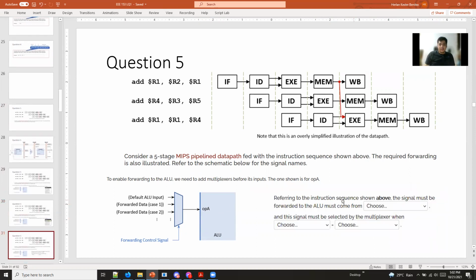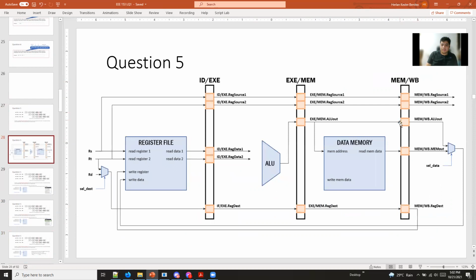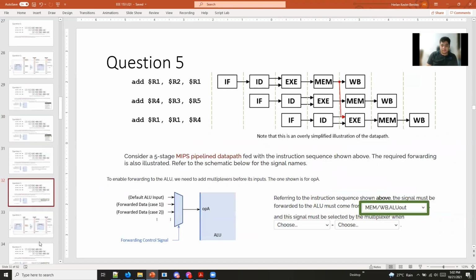The next question is, based on the above, the signal that we need to forward to the ALU must come from here, between memory and write back. So, between memory and write back, that is what we forward to the ALU. And what we forward is the ALU output.